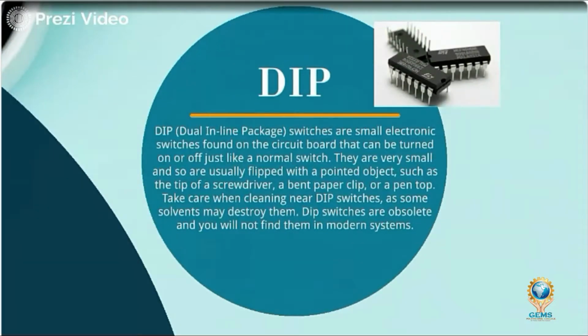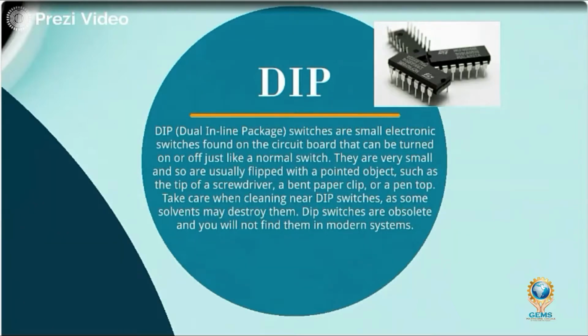The DIP, its full form is dual inline package. DIP switches are small electronic switches found on the circuit board that can be turned on or off just like a normal switch. Their function is similar to that switch.